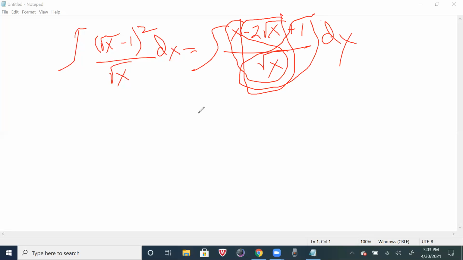And all of them can use the power rule. So what's the first fraction? That's x over the square root of x, which is x to the 1/2. In other words, x to the 1 over x to the 1/2 is x to the 1/2. Minus the integral of the second one.